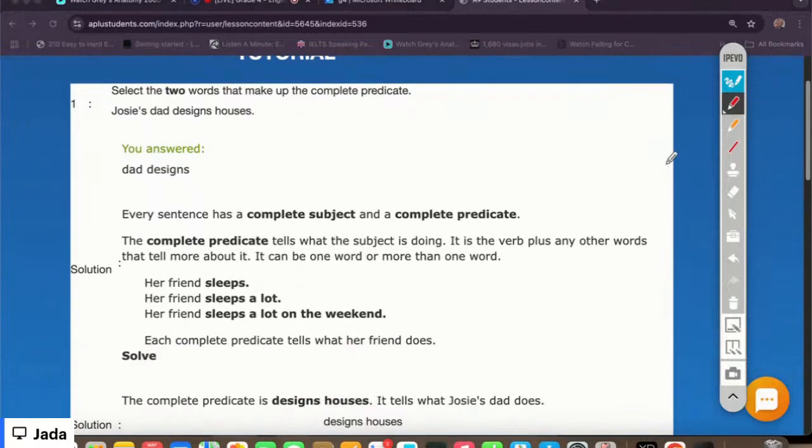Okay, every sentence has a complete subject and a complete predicate. So there's always a complete subject and predicate in every sentence.